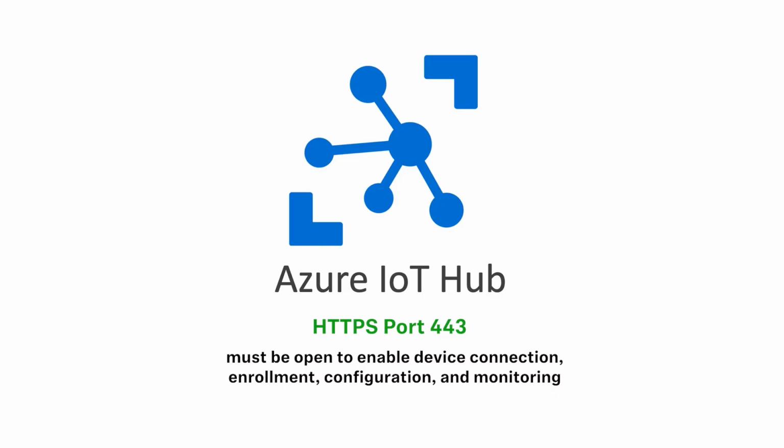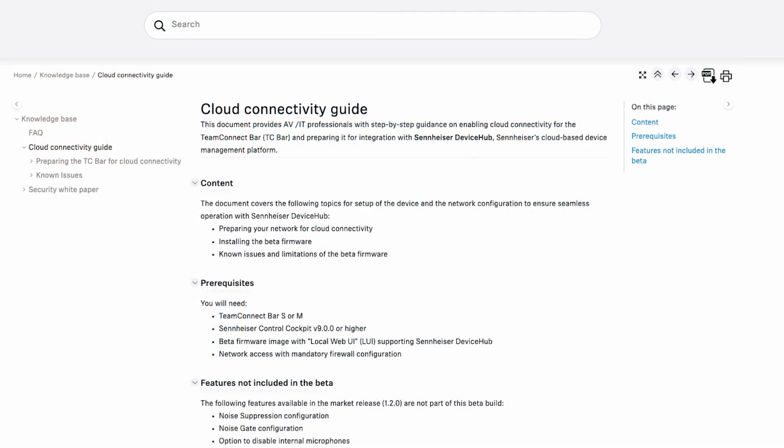Besides the port configuration, there are URLs contacted during the enrollment. Not easy to remember, right? True, and for that we have a device type specific cloud connectivity guide available via our website, providing all the information needed. So simply keep in mind to hand out that documentation.